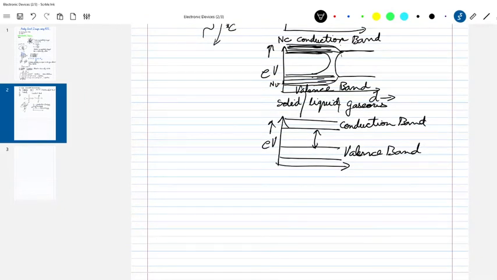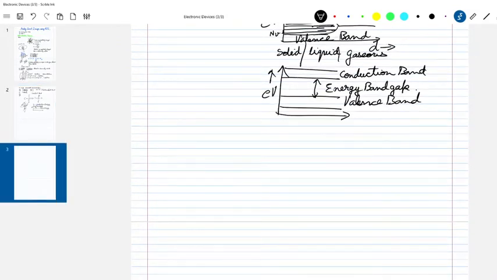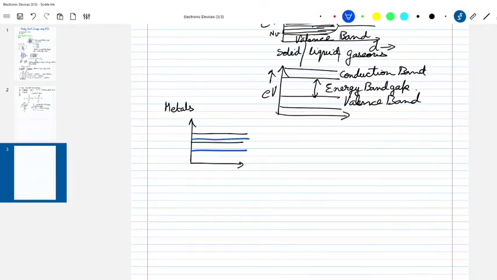Now if this energy band gap is small, or rather it doesn't exist, for example if I consider metals or conductors, then conduction and valence band overlap.